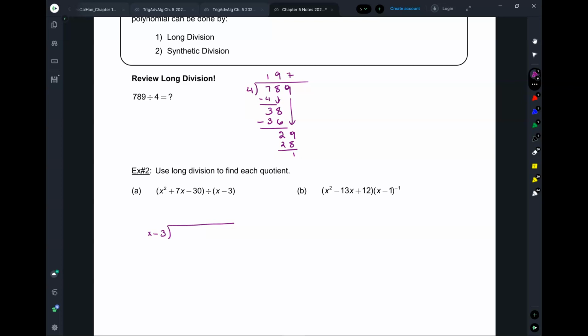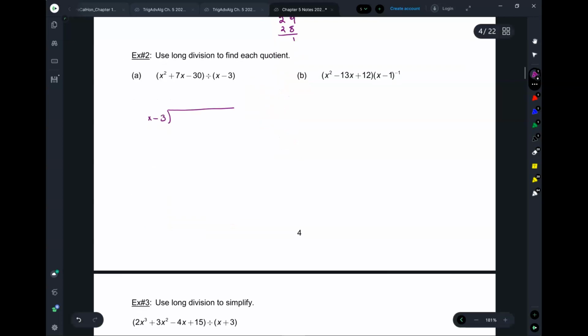It doesn't have to be the smaller number, but it's the one that you're dividing by, okay? And this one here, x squared plus 7x minus 30, that's called the dividend. That's what you're dividing. So that's how we set this up.